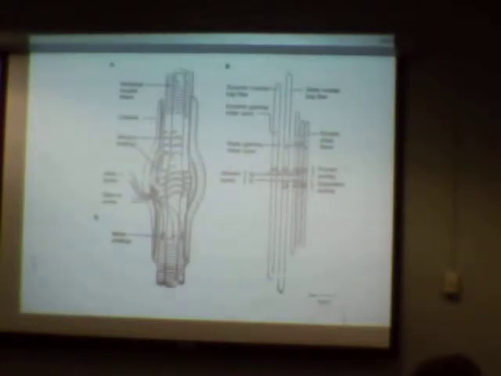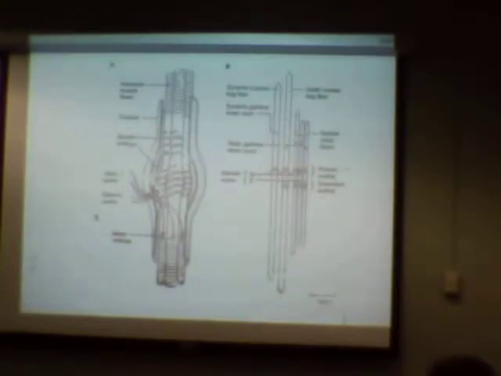That can contract. So if it can contract, we have to have a motor neuron going to it. It can cause it to contract. Right? We have gamma motor neurons going to these fibers.